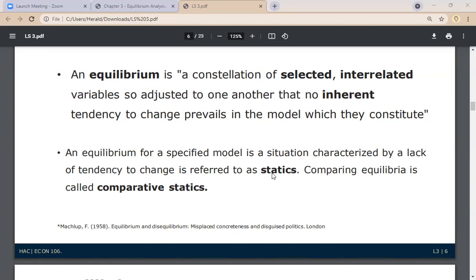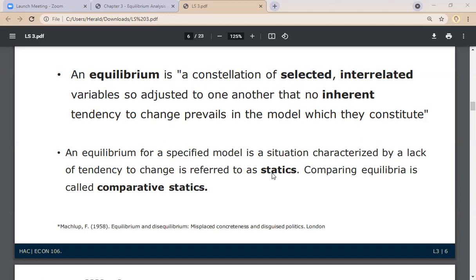So only in that study, using those variables, would that equilibrium condition be significant in the analysis.